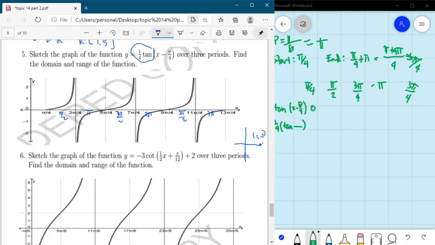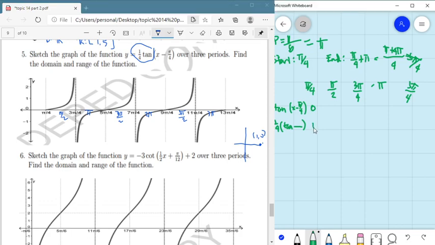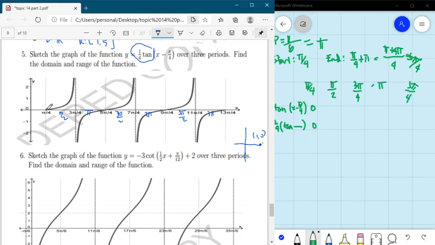So tangent of 0 is sine over cosine, so tangent of 0 is 0. So 1/4 times 0 is 0.